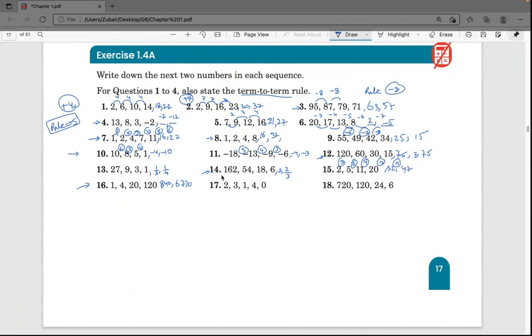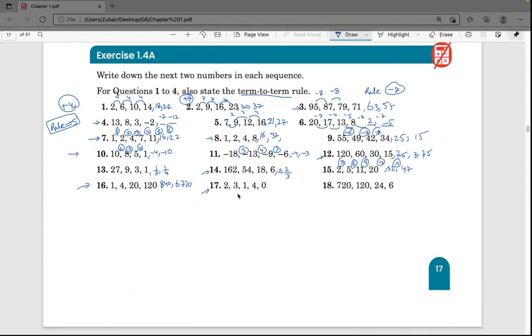Okay. Now 17, again some unusual sequence. 3, 1, 4, 0. It is increasing and decreasing. So what should be the sequence?